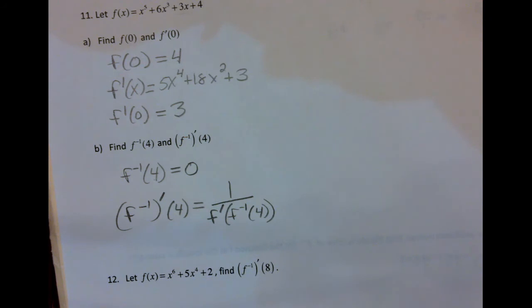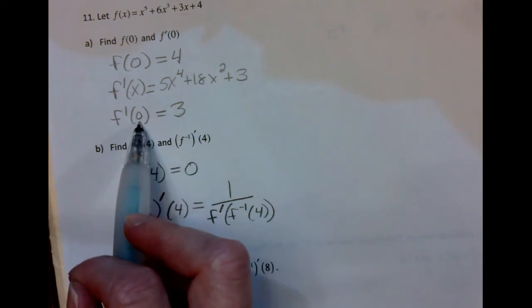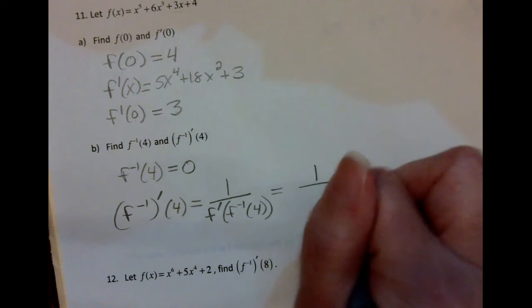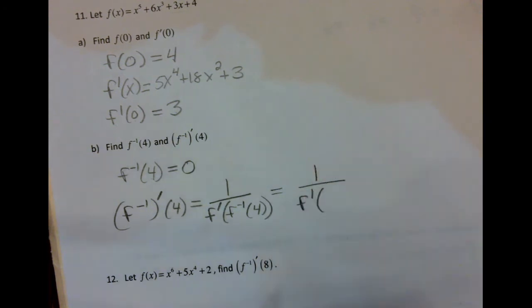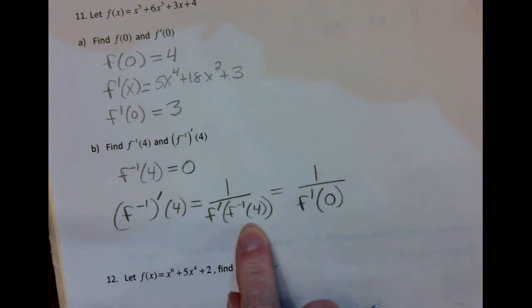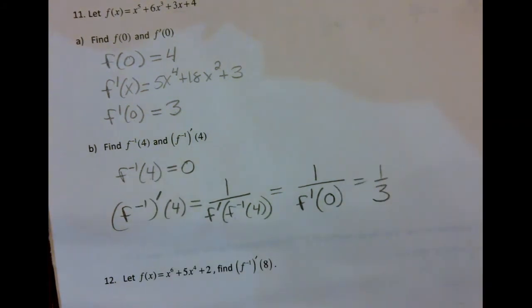But if you're pretty savvy, you probably already know, go flip the corresponding point. But let's see if we get it. 1 over f's derivative at the inverse's value at 4, which we said was 0, and the derivative at 0 we set up above was 3. So there we go.